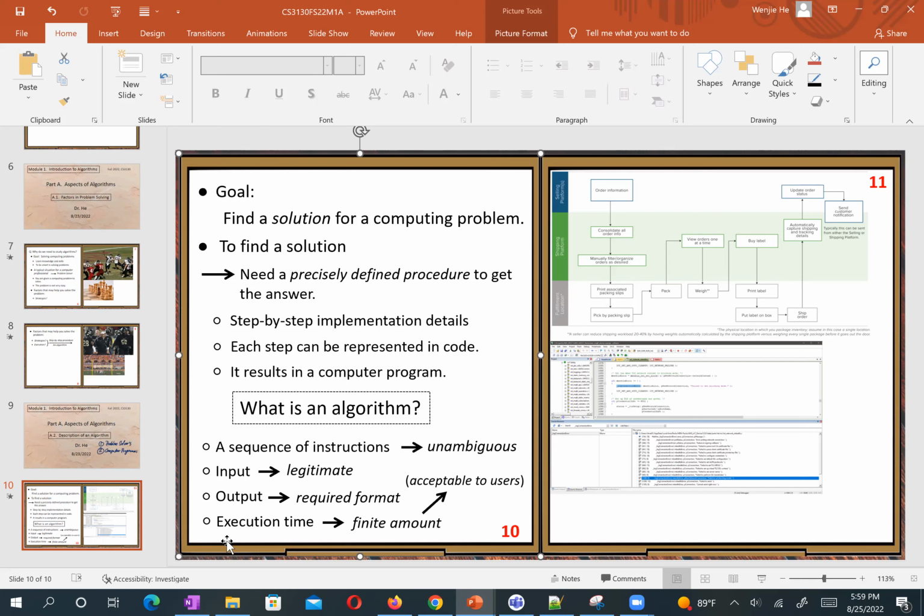So I want to write it as acceptable to our users. If the users feel our solution is too slow, then it's not acceptable, right? We need to improve the solution. Otherwise, we won't get paid. So we need to make our users happy.